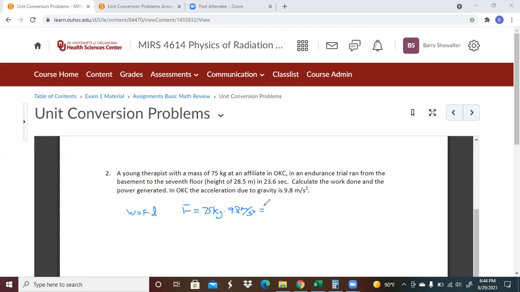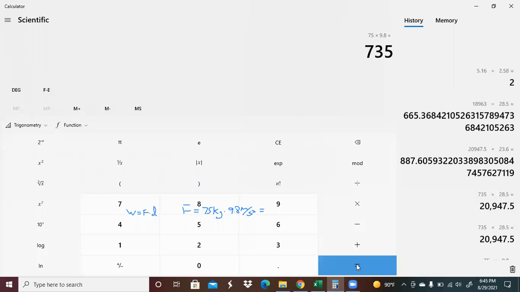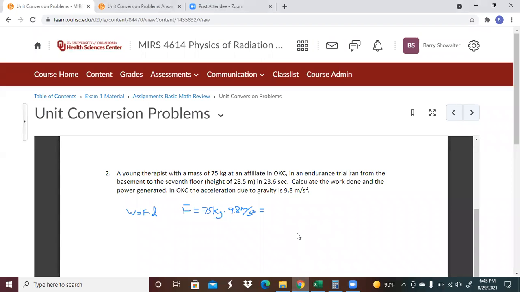So let's figure out what that is. 75 times 9.8, 735. So we have 735 kilogram meters per second squared. So that's 735 newtons.